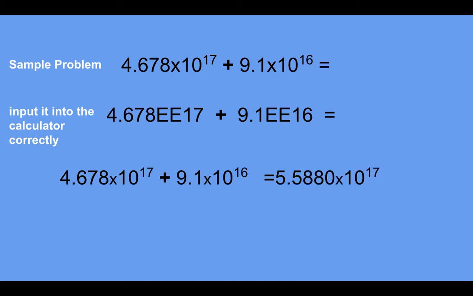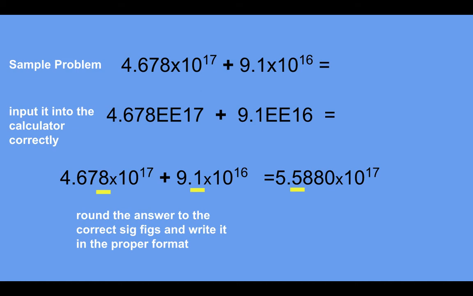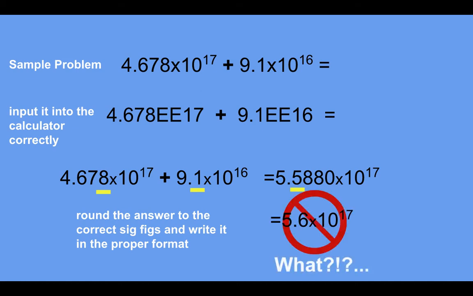Okay, so you're going to identify the first best guess in your original numbers. You're going to see that the 1 is in the tenths place, which is the least precise place. So you're going to go to your answer and underline the tenths place. Does the 8 cause the 5 to round? Yes, it does, to 5.6 times 10 to the 17th. There's your answer, but it's wrong.